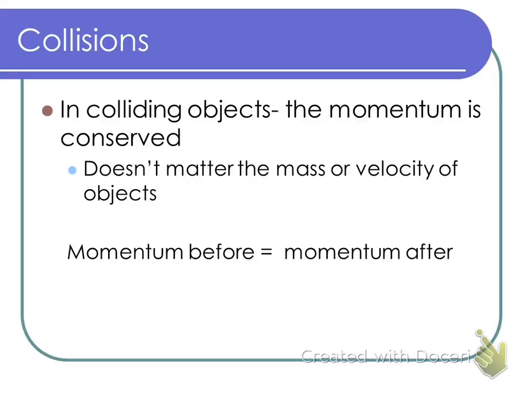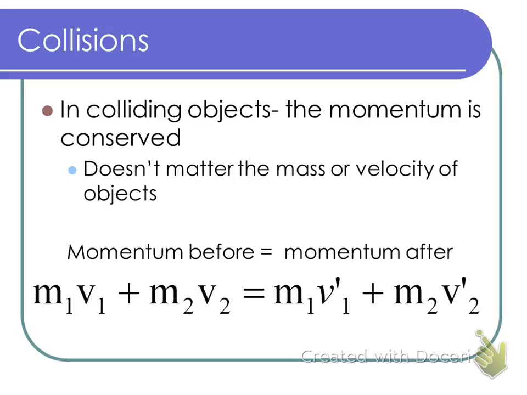So that will allow us to set up our equations to say momentum before equals momentum after. These equations will be similar to our conservation of energy equations, where we could start with 4 terms, but maybe we don't use all of those 4. So this is what our collision equation could look like: m1v1 plus m2v2 equals m1v1 prime plus m2v2 prime.